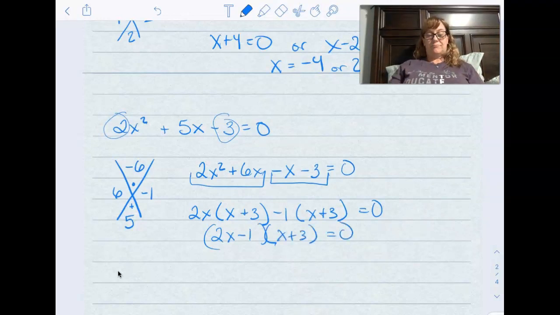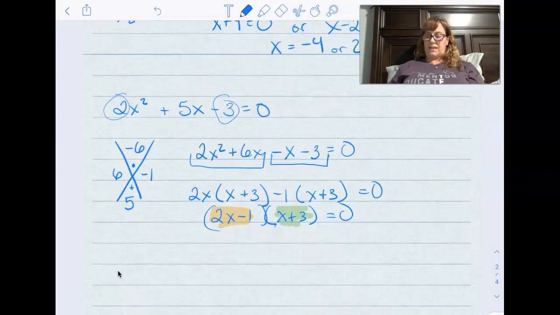So all I did was factor like I've always factored before, but now we've got it in the format that we know how to solve. Either 2x minus 1 has to equal 0, or x plus 3 equals 0.